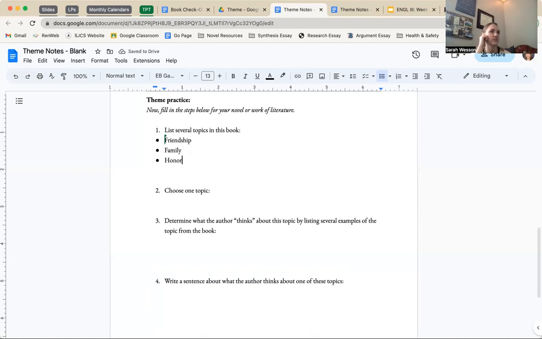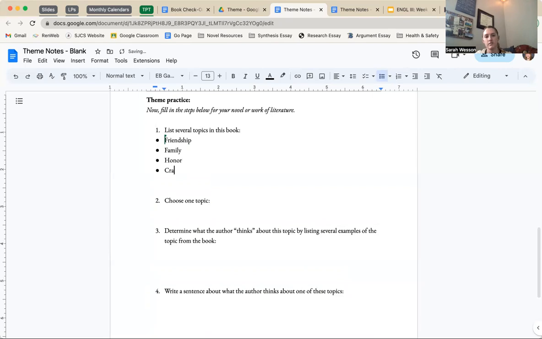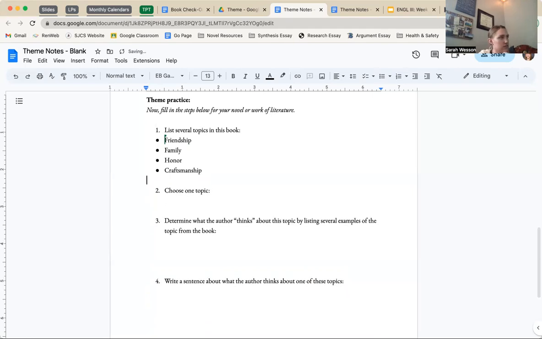There's a very clear class system in the book. Craftsmanship is also talked about. Right? They work really, really hard to create these beautiful pieces of Celadon pottery.